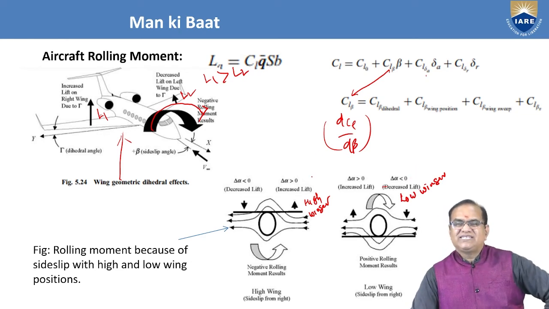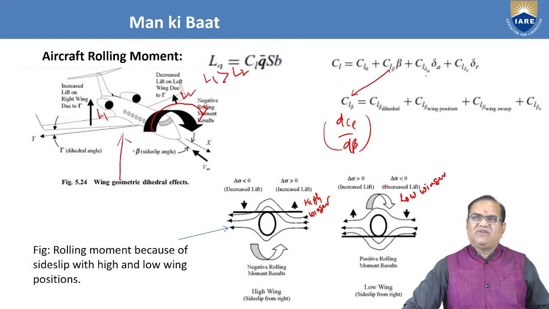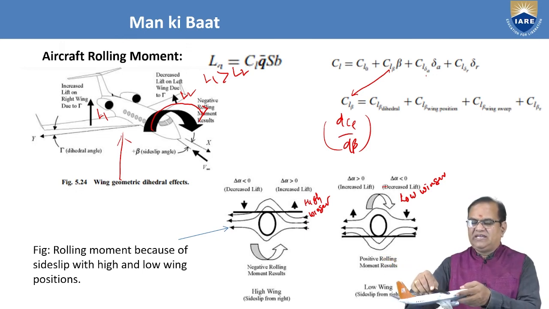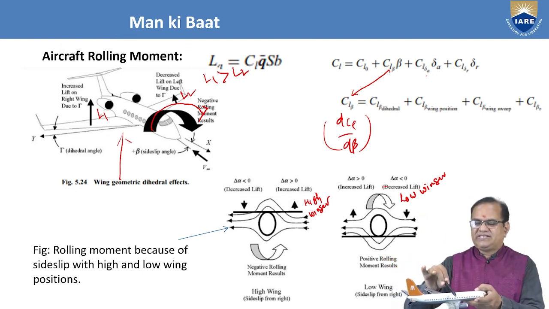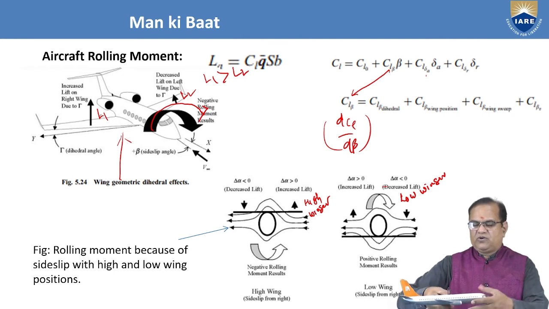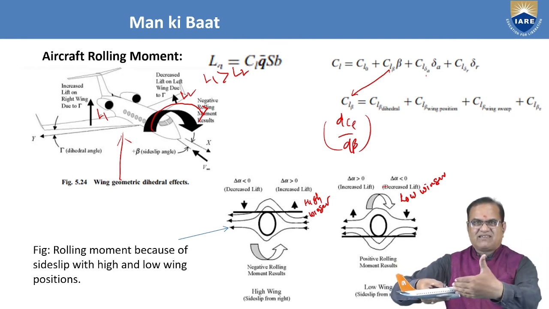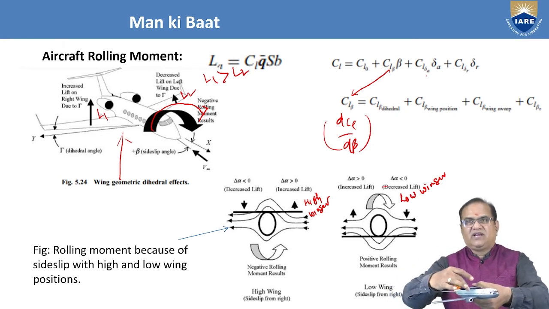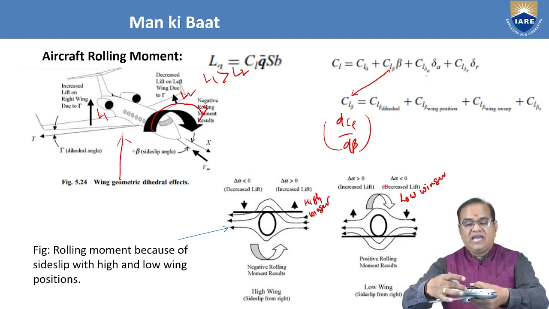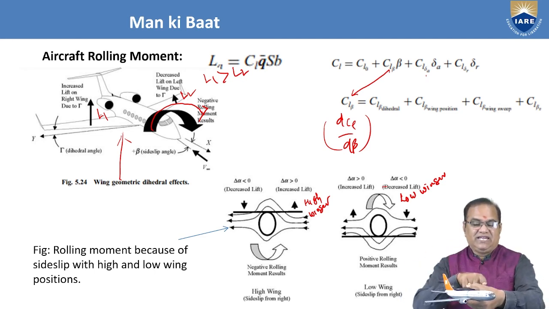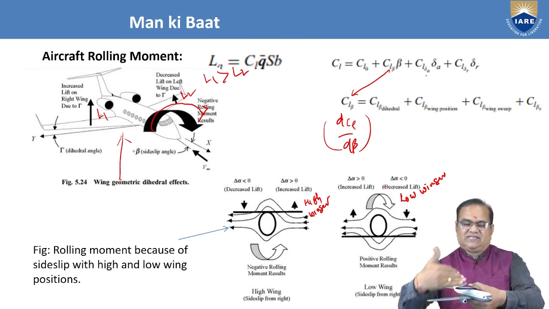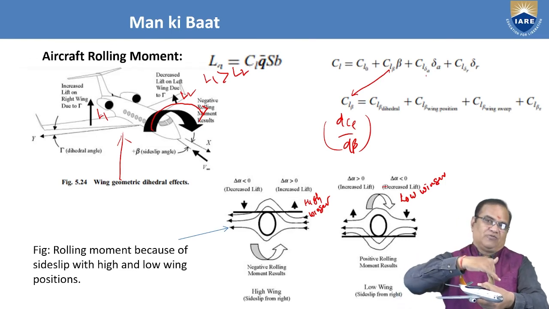Let me explain from here. If the aircraft wing is like this, and beta is coming towards the right, then the right wing will experience a higher relative velocity than the left, because the flow hits it first. The flow goes upward on this side and downward on the other side.